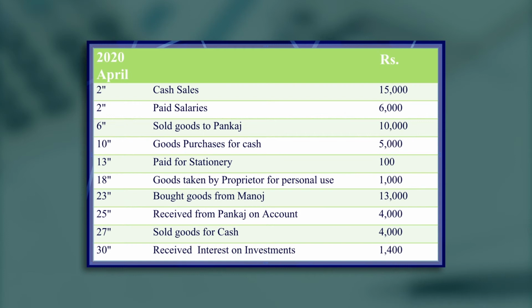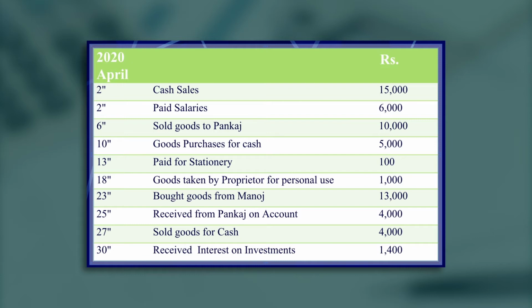Then the next one is, if we go back, bought goods from Manoj 13,000 rupees. So we have bought the goods from Manoj 13,000 rupees. Here two accounts are going to be affected, the account of Mr. Manoj and the purchases account.